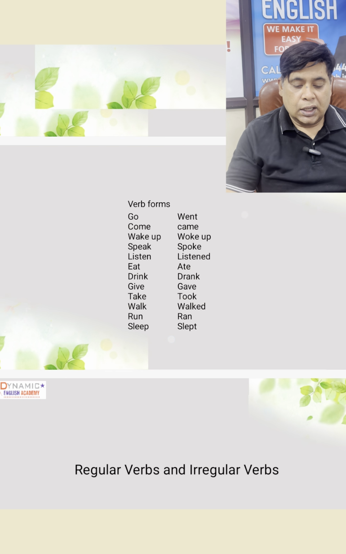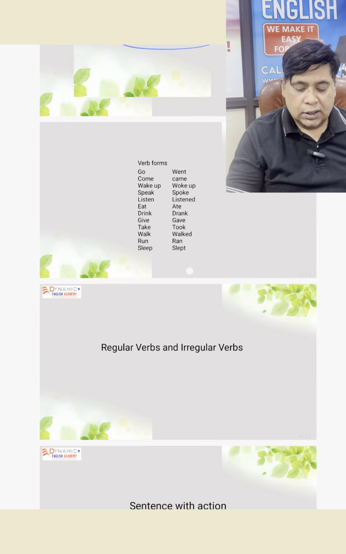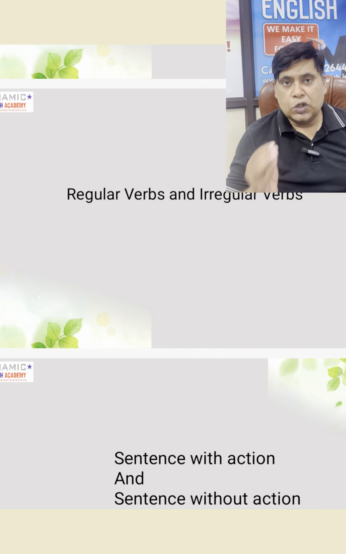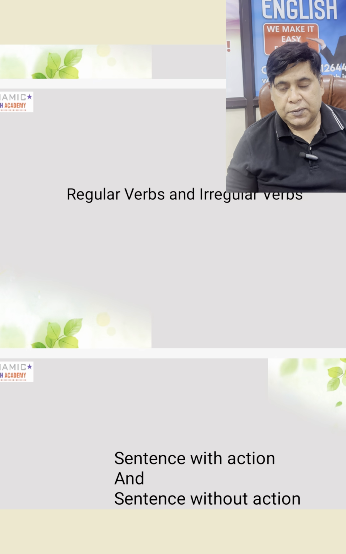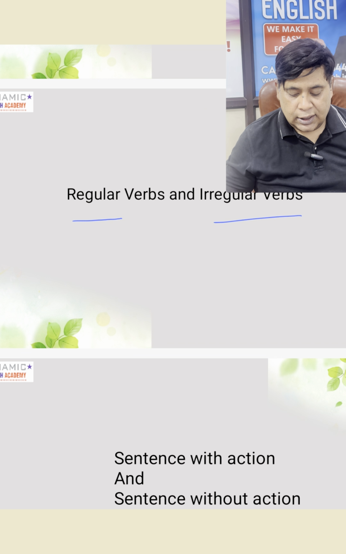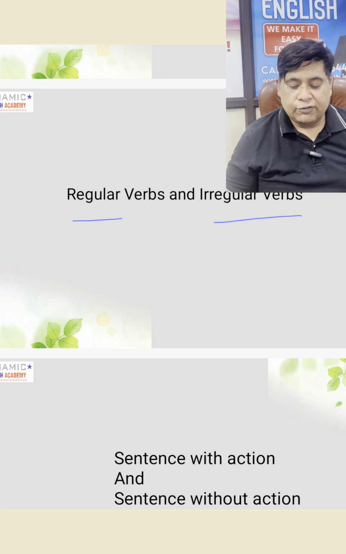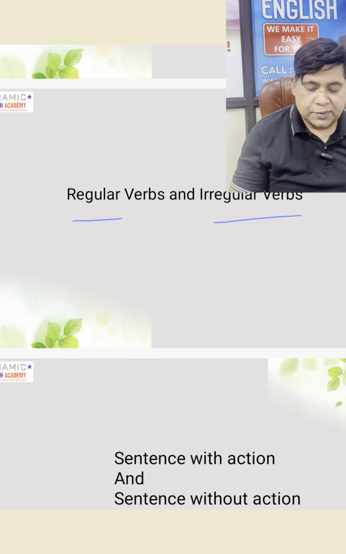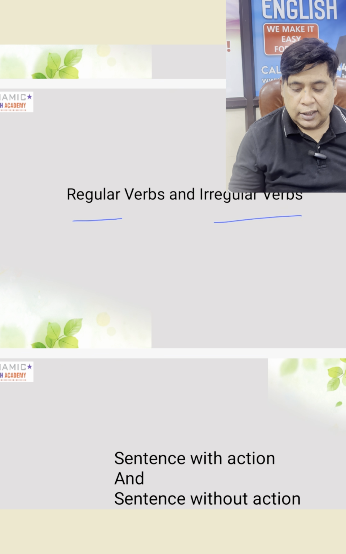Now we need to learn how to know the second form of the verb. For that, I would like to give you an idea: divide verbs into two categories, regular verbs and irregular verbs.